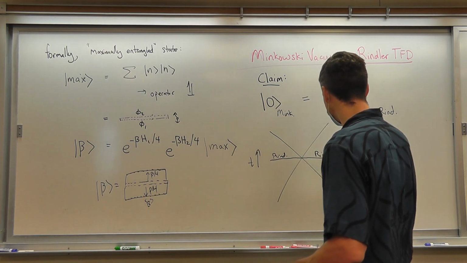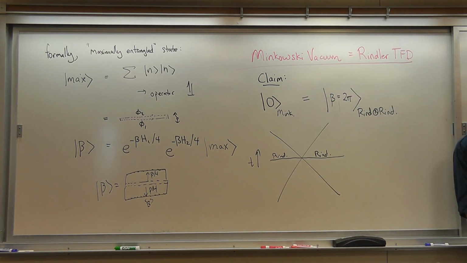So there's 2 copies of the Rindler Hilbert space. You need to put together 2 copies of the Rindler Hilbert space in order to talk about states in Minkowski. And for this special choice of state, the vacuum state, the claim is that you can interpret it this way.